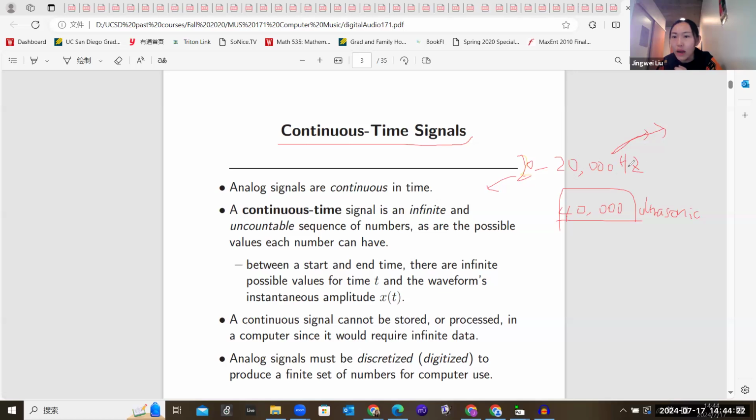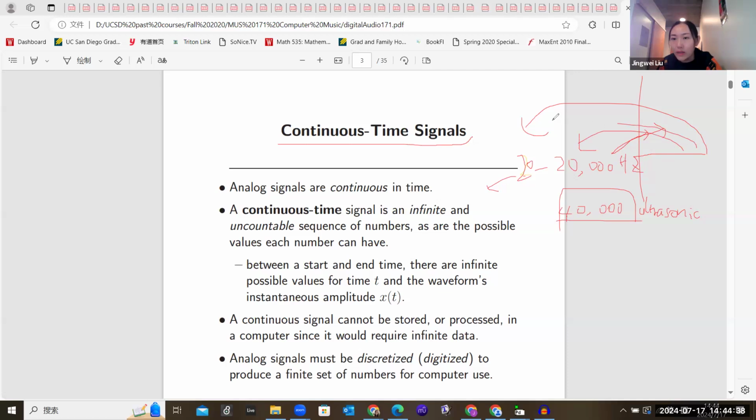But if we sample everything through a computer system, then because of aliasing, all those ultrasonic frequencies will fold over, reflected back.